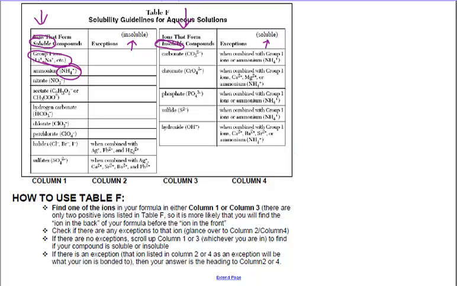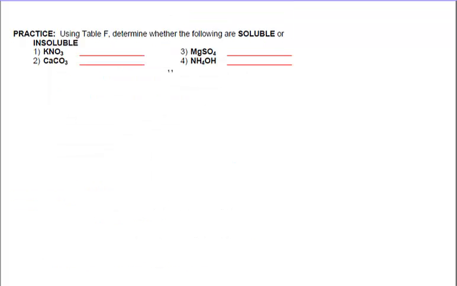So the best way to do this is to do some practice. All right, number 1. Miss T is going to help us and tell us how to do this. Using table F, we have to figure out if this is going to be a soluble or insoluble product. So what are we going to do? First, look at the ion in the back, which would be this, right? Yes, NO3. Where do we find that?